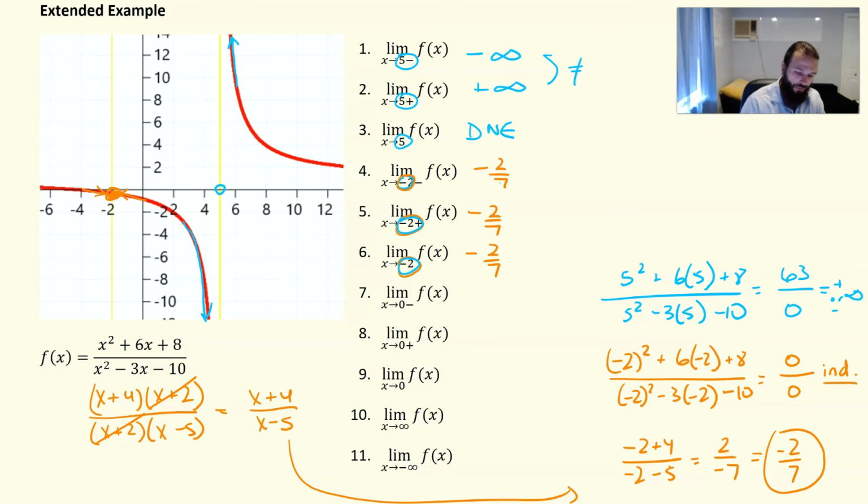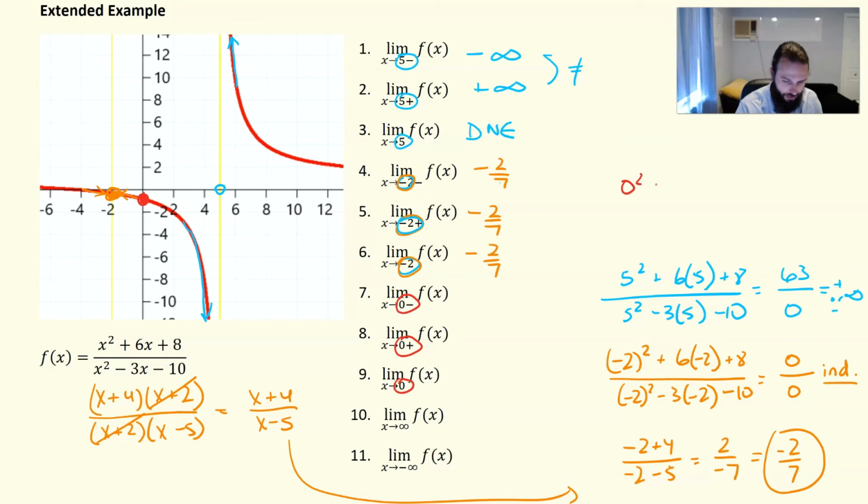Then we're going to do 0 from the left, the right, and in general. Now notice here that at 0, there does not appear to be a hole. There does not appear to be an asymptote, so let's just try filling in. And we should always try filling it in first anyway. So put in a 0.